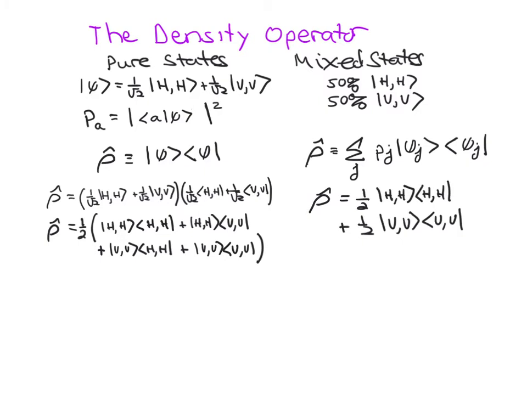So now there are only two terms. And you can clearly see that even though superficially the pure state and the mixed state look like kinds of 50-50 weightings, you get a very different density operator between the two cases.